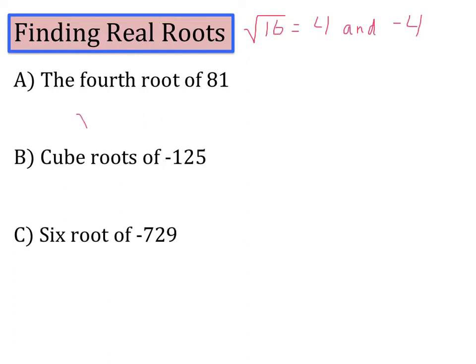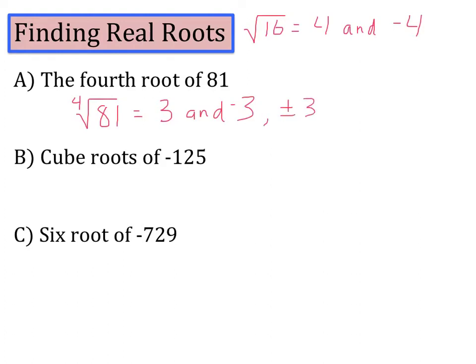So if I wanted to find the fourth root of 81, you think of what number times itself 4 times gives you 81. And the answer ends up being 3 and negative 3. Or you can write that as plus or minus 3.